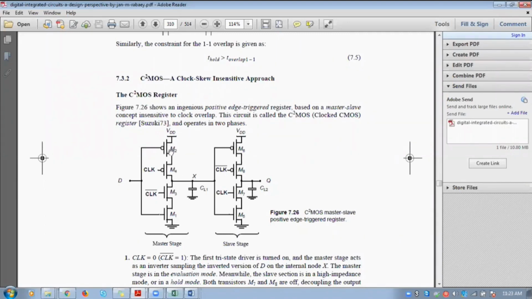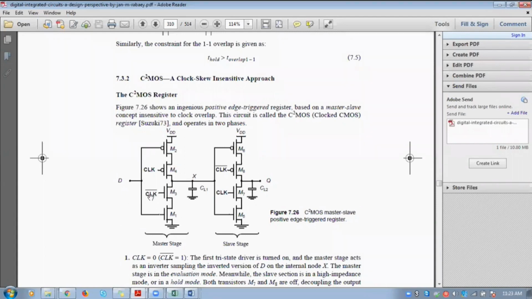The PMOS is connected with another PMOS which is supplied with clock. Here the NMOS is connected with another NMOS which is supplied with clock bar. The reason I have connected clock and clock bar is that the master stage is a negative latch. When I apply clock equal to 0, only these two transistors will switch on and normal inverter action will happen.